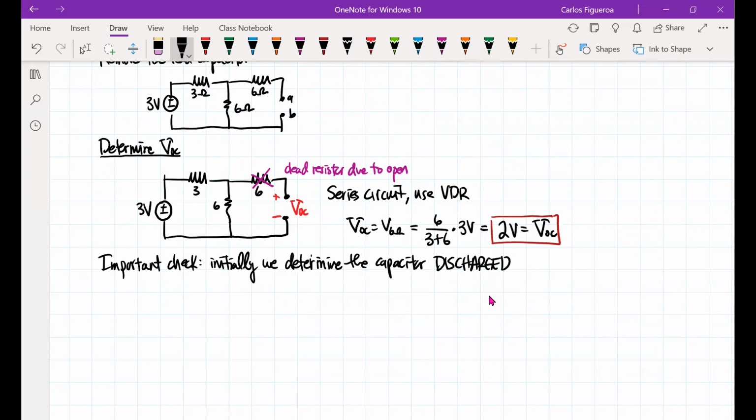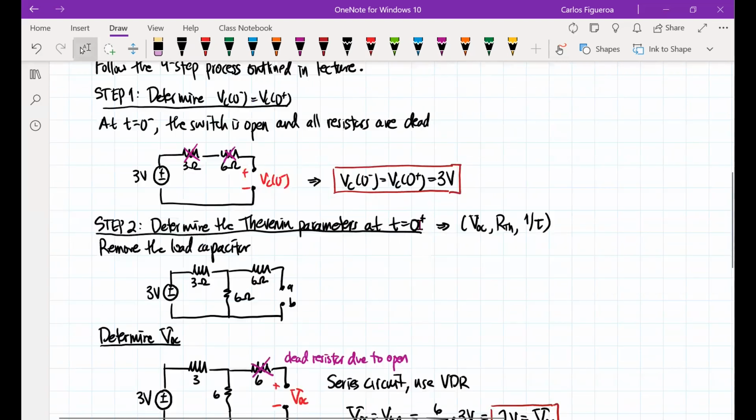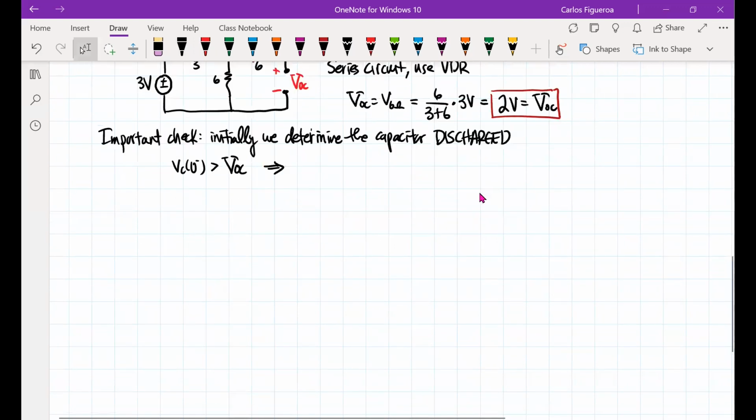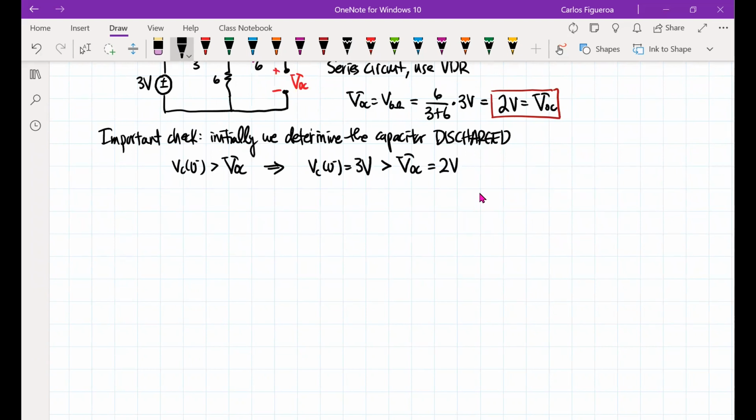We said that VC of 0 minus was going to be greater than VOC. So let's check that. VOC is 2 volts. So now I'm comparing VC of 0 minus, which is 3 volts, and this is greater than VOC, which is equal to 2 volts. So that checks out. This is a good thing. At least we know we're moving in the right direction.